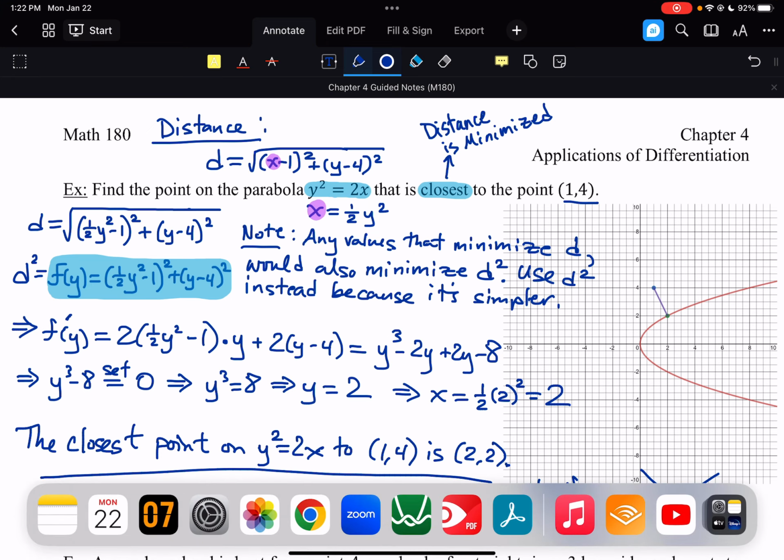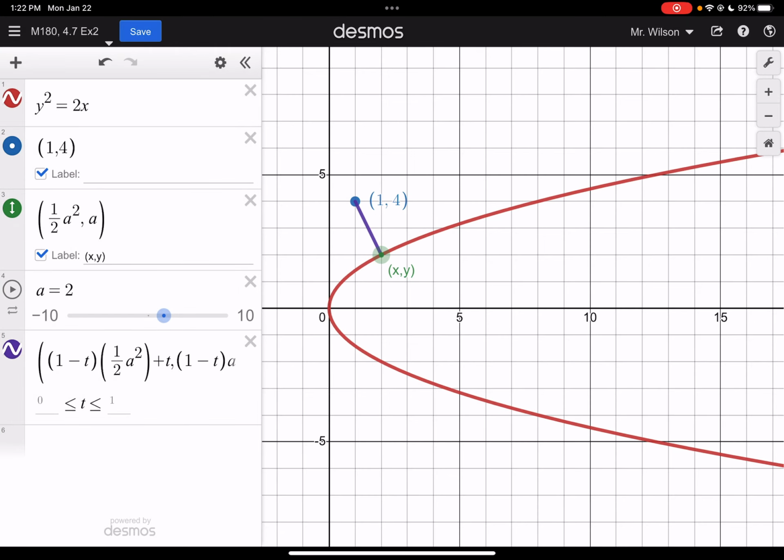And you can see if we look at the graph here on Desmos, I've got it pulled up right here. When a is 2, you have this point in question. So this is the shortest distance. If we let it move around like this and stop it at any moment, the length of this purple line is going to be longer at any one of these points.